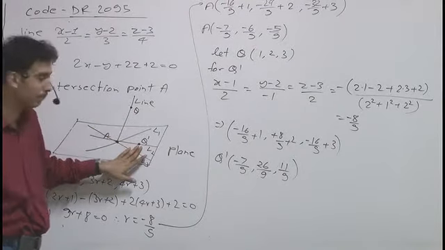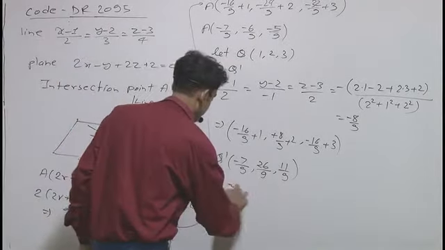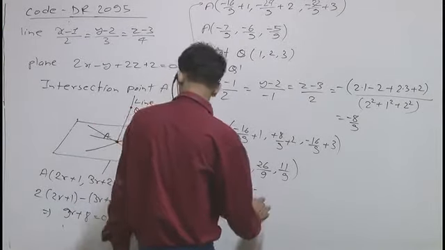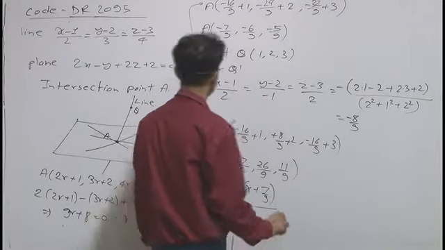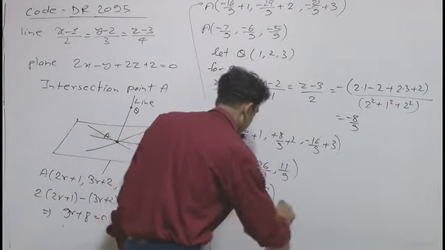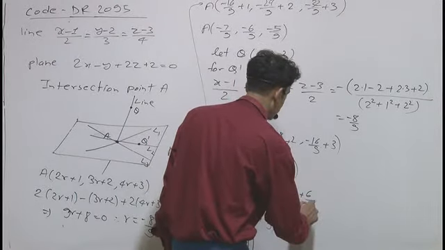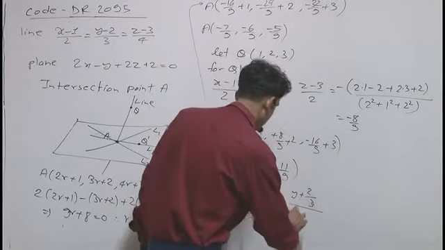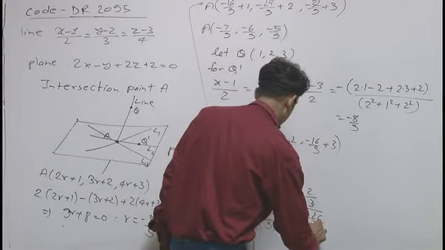So the required equation L2 can be written as x plus 7 by 9 upon minus 7 by 9 plus 7 by 9, equal to y plus 6 by 9, means 2 by 3, upon minus 6 by 9 plus 26 by 9.